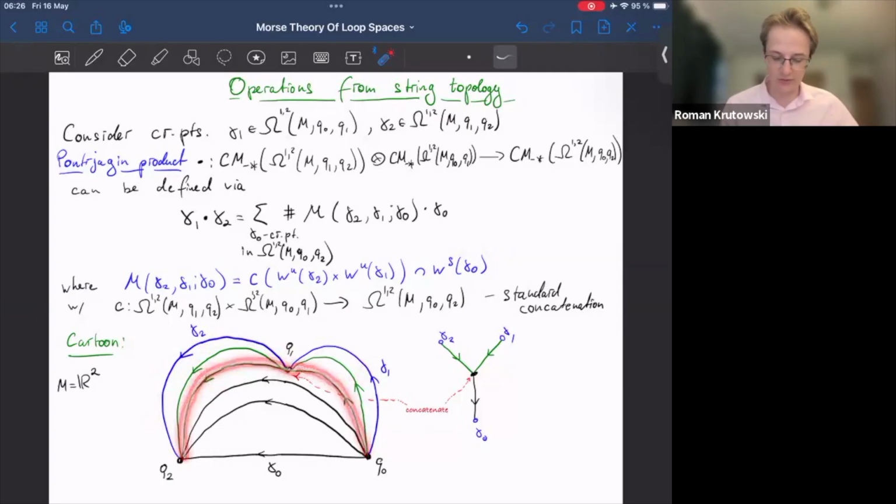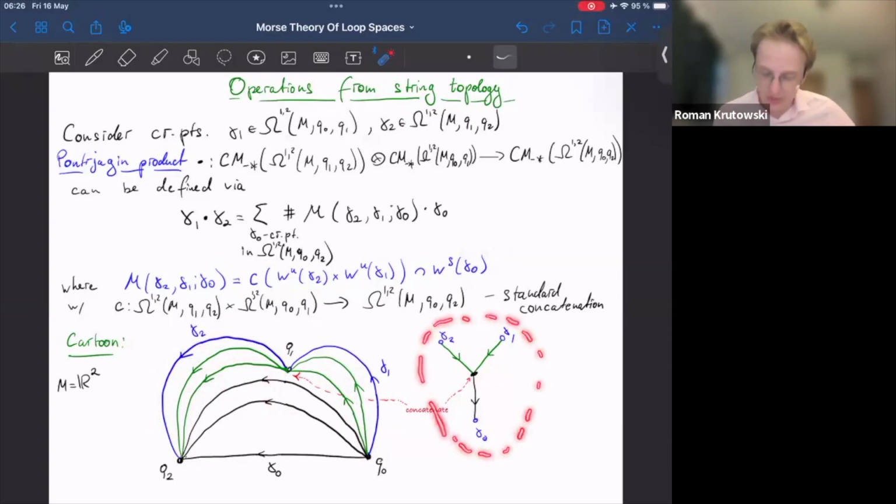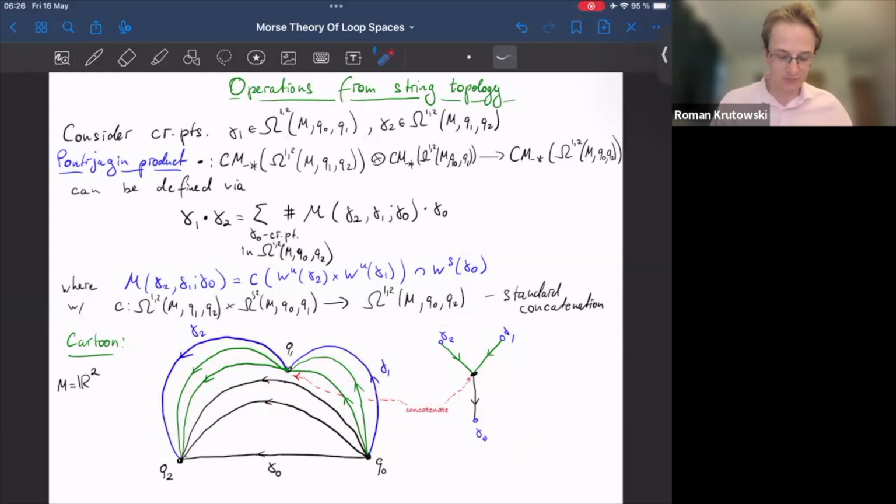You think of this path now going from Q0 to Q2, and you flow in a space of paths between Q0 and Q2. And you can think also of this sort of diagram here. Okay, so this is a cartoon just for some paths in R2. Let's say this is the ambient space.